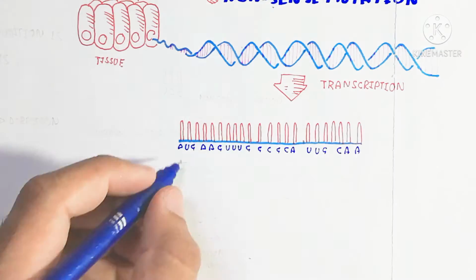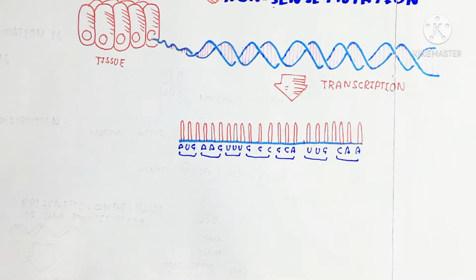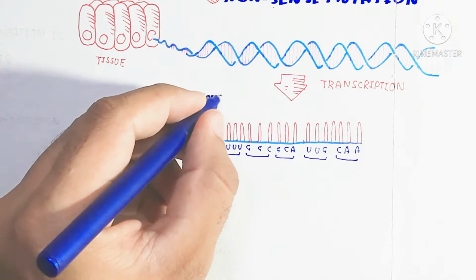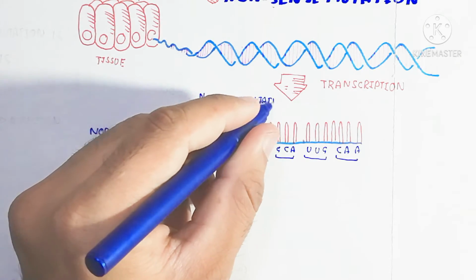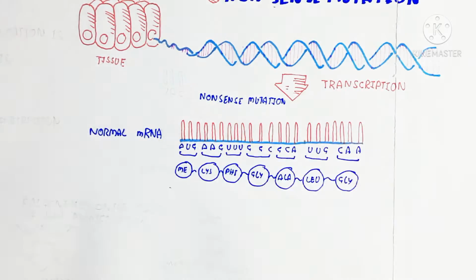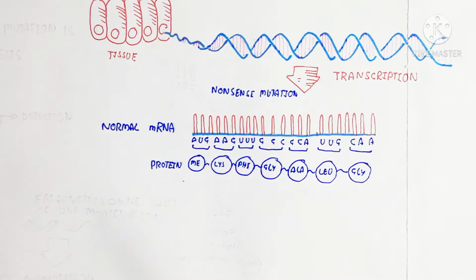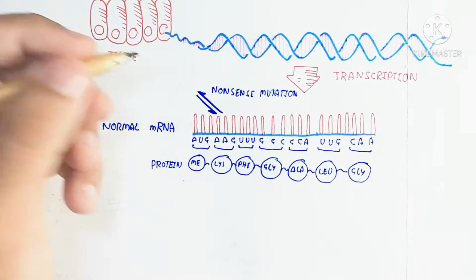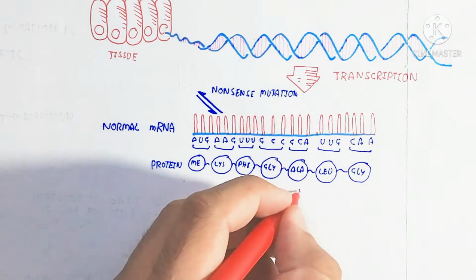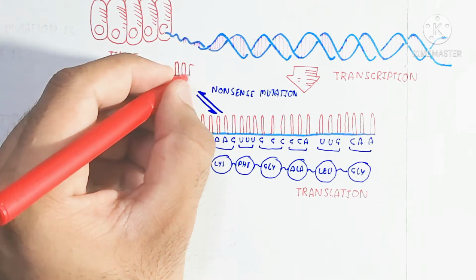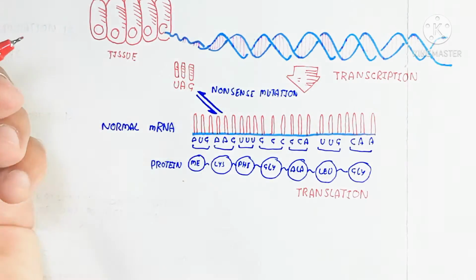So that means the adenines will be in the form of a tail. Here are the different codons which normally produce the protein: methionine, lysine, phenylalanine, alanine, glycine, alanine, leucine and glycine. That is the sequence of the protein production during the translation, from the transfer RNA attachment with the ribosome. So, for example, AAG will be converted into UAG.